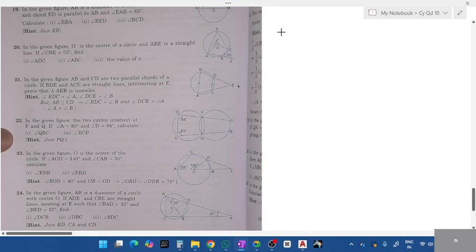What about other students? Why did sir solve only few? 22nd. Actually, 22nd and 24th are also easy, but 21st is a proving question. There is no value given, right? So, I'm asking. Okay, 21st. What about other sections?